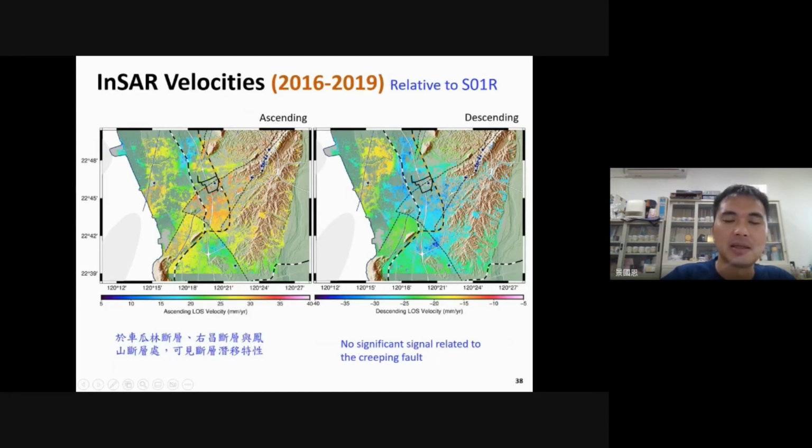However, InSAR could give us another solution, because if the area is good enough, with less vegetation and more buildings, then we could get good spatial resolution of surface deformation. Then we could get very dense velocity data across the fault and very close to the fault.